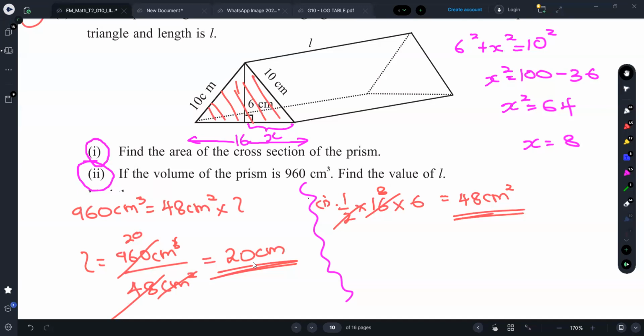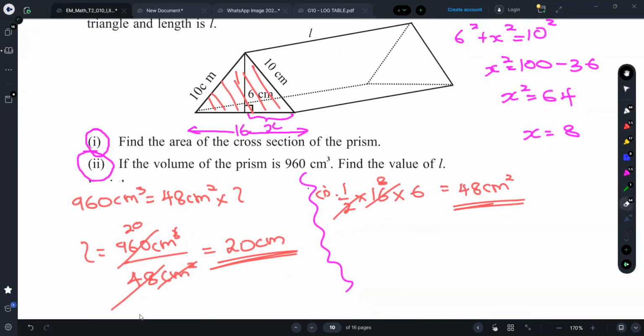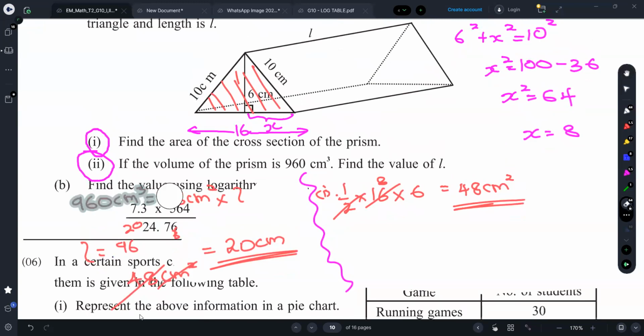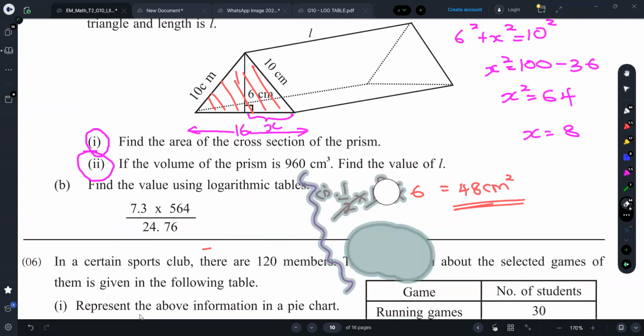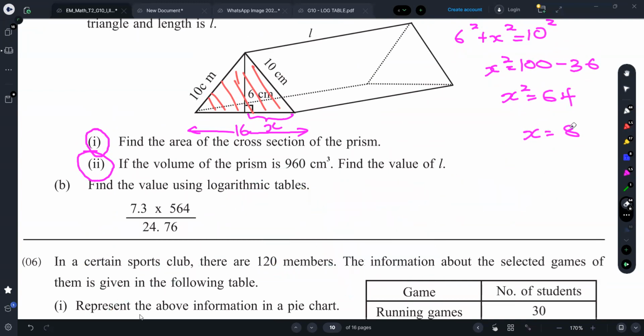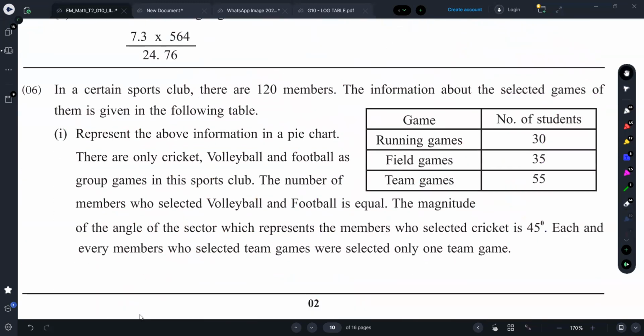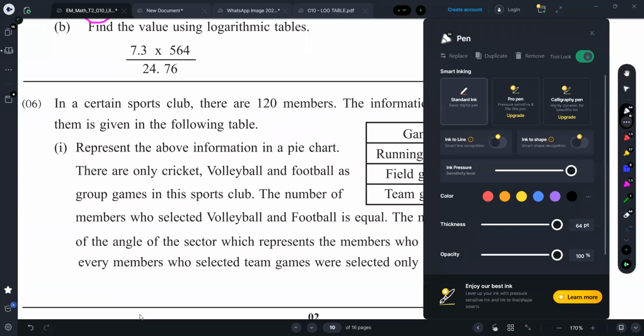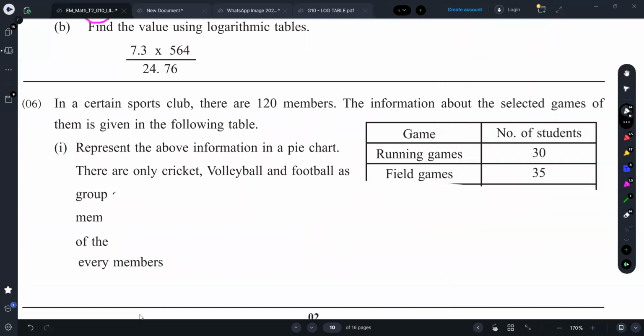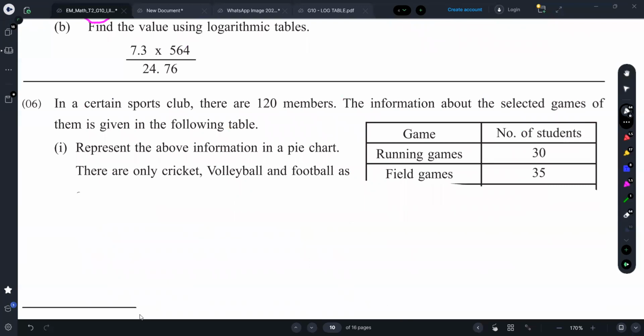Okay. Then, next one, find the value using logarithm tables. Next day we will discuss the sixth question.